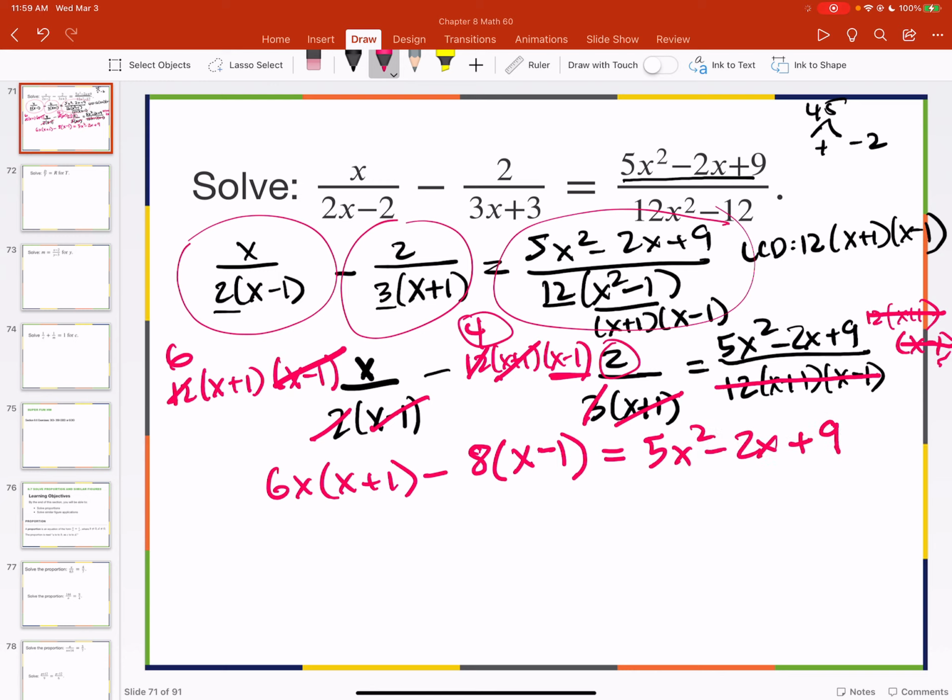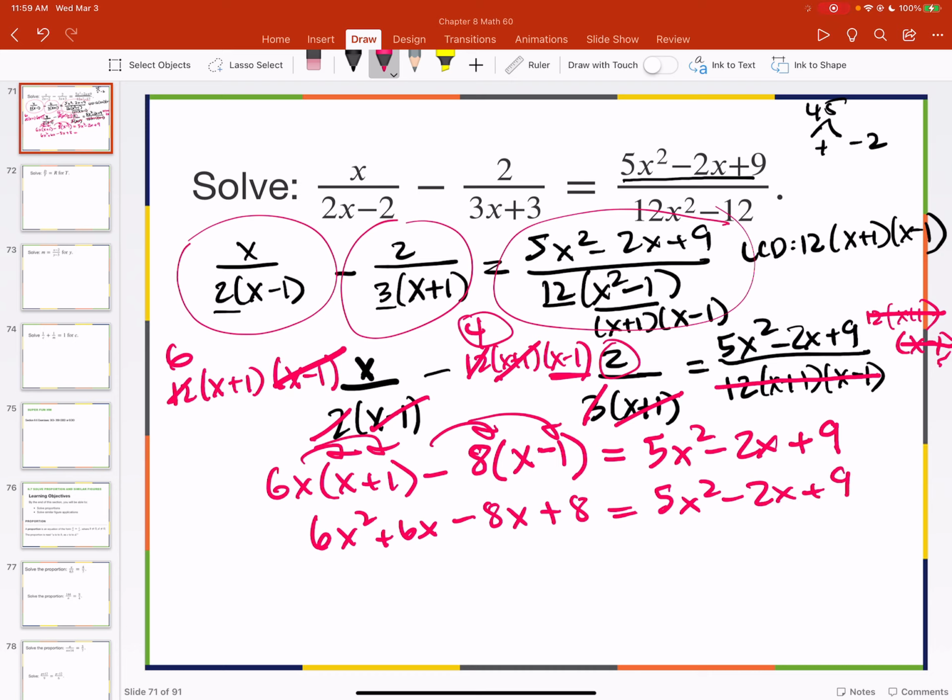So let's go ahead and distribute and combine like terms, and let's see what happens. So we have 6x squared plus 6x minus 8x plus 8 equals 5x squared minus 2x plus 9. Combining like terms, these together, and then you have the 8, and let's move it over.